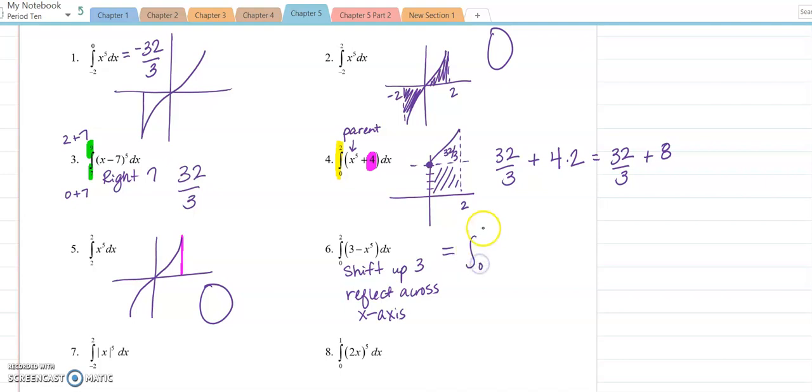So this is the same thing as the integral from 0 to 2 of 3 dx minus the integral of 0 to 2 of x to the 5 dx. So this is similar to what we did yesterday, that this is a rectangle, 3 times 2 is 6, and this represents the 32/3. Done.